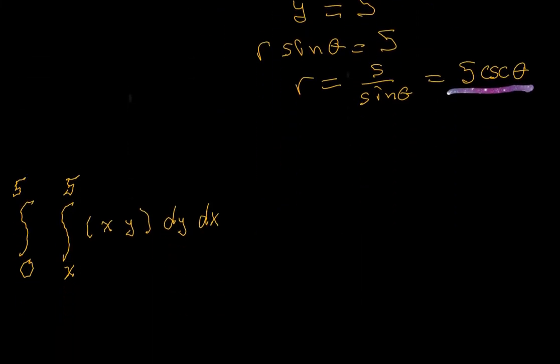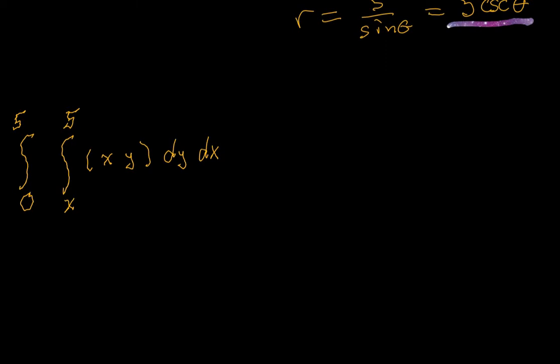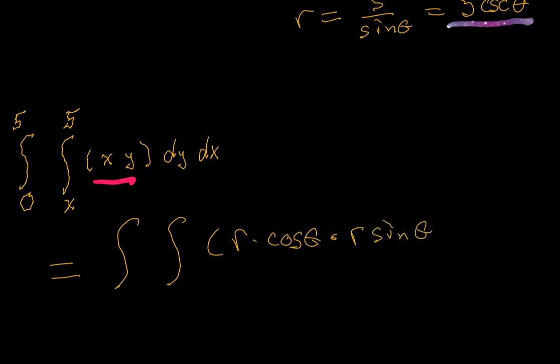So let me slide a little bit further. What happens to our double integral if we write it in polar coordinates? The function inside has values of x and y. x becomes r times cosine theta, and y becomes r times sine theta.